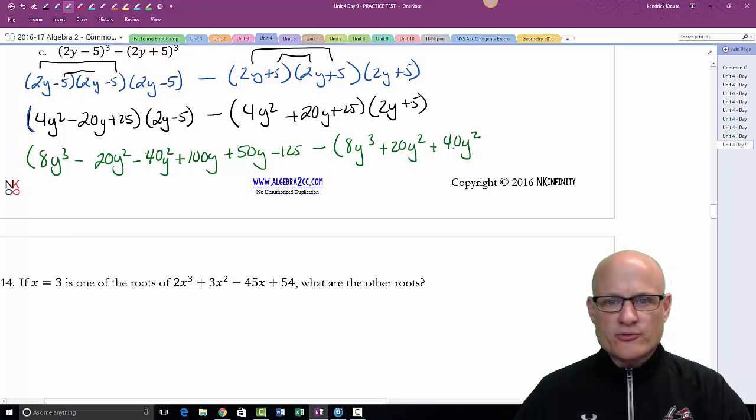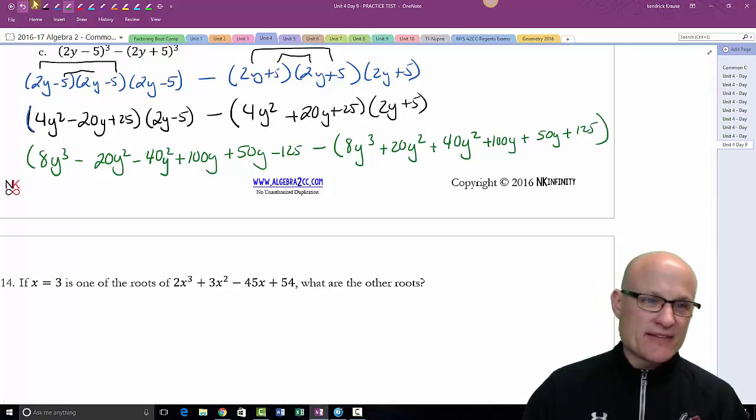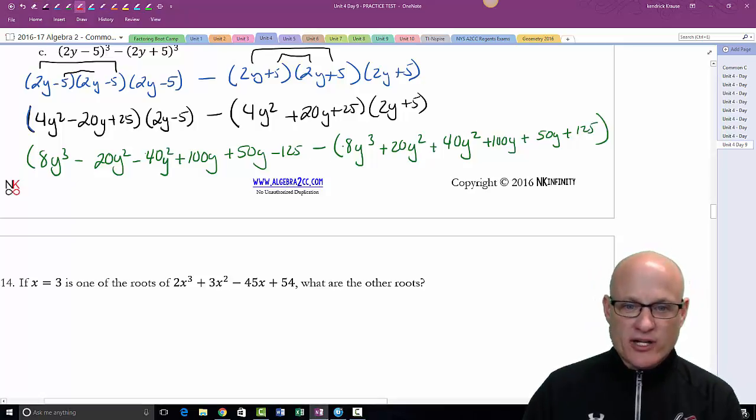So 40y squared plus 100y plus 50y plus 125. But because I've got this negative here, all of these are getting their sign changed. Negative, negative, negative, negative, negative, and negative.